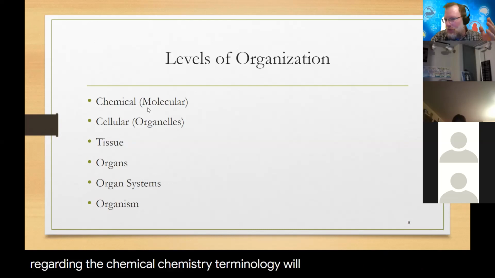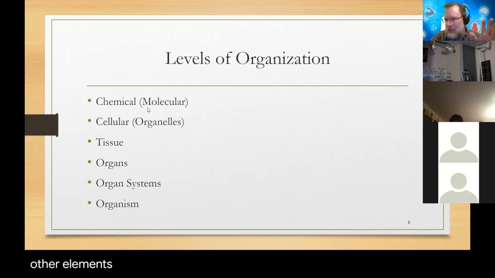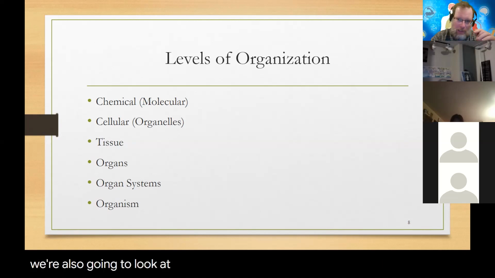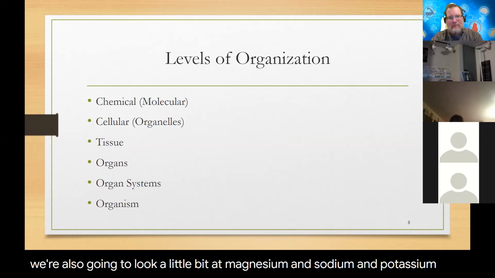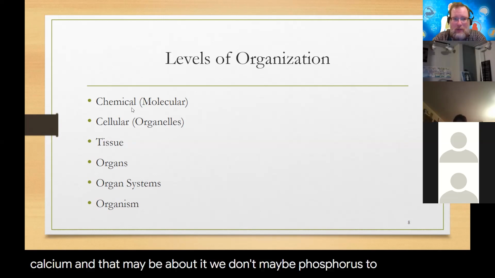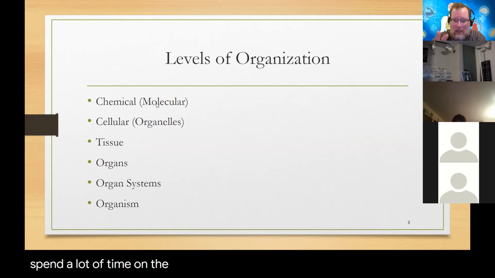We'll also look a little bit at a couple other elements on the periodic table besides C, H, O, and N: magnesium, sodium, potassium, calcium, and maybe phosphorus too. So we don't spend a lot of time on a massive amount of chemistry.